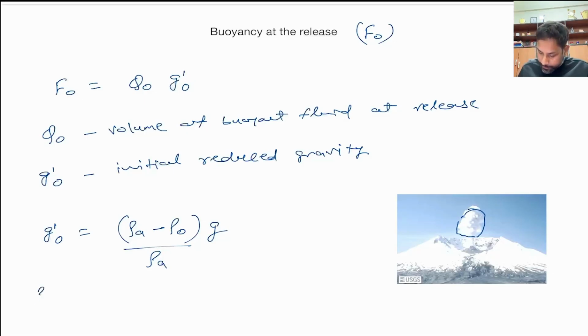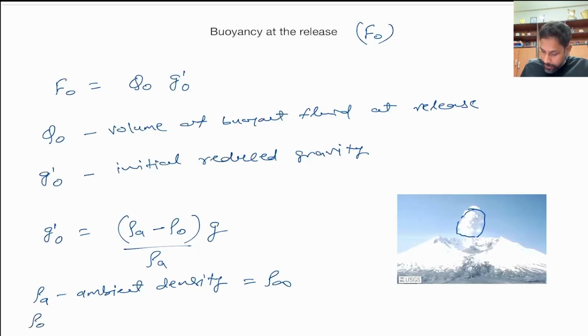Okay, where rho_a is the ambient density, and here we are assuming an unstratified medium, and that's why we are not really worrying about rho infinity here. Or I can say that this is the same as rho infinity, that is the reference density.